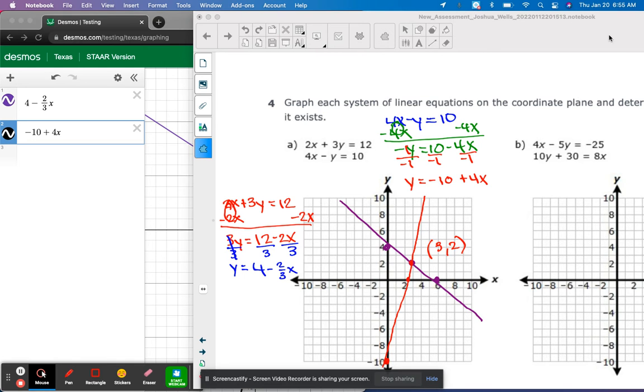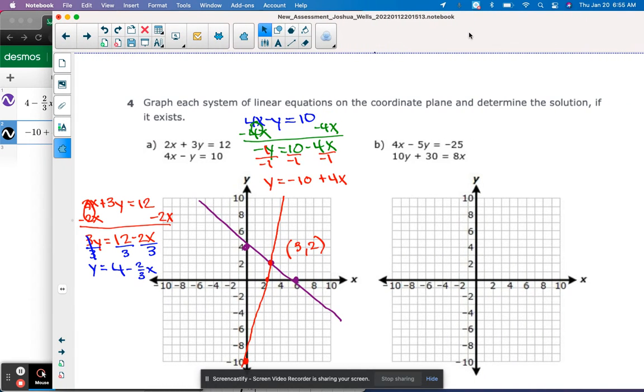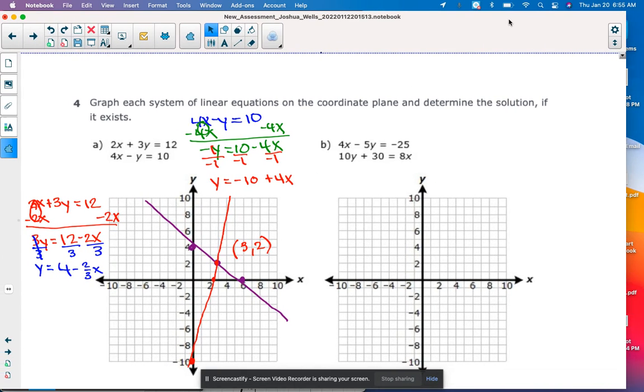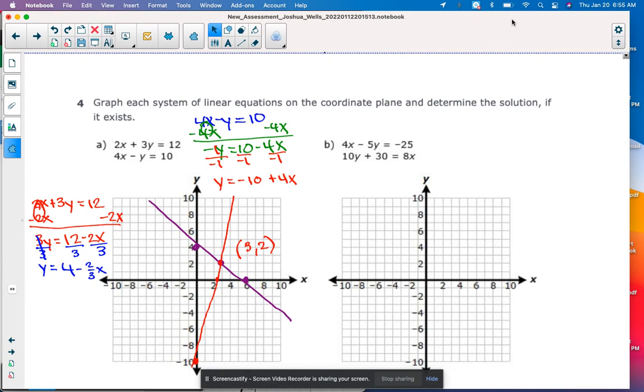All right, let's go ahead and look at the second set of equations. So for this one, we're starting off with 4x minus 5y equals negative 25. I'm going to subtract 4x from both sides.